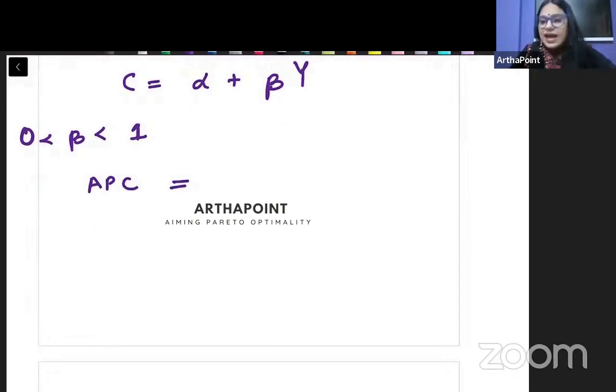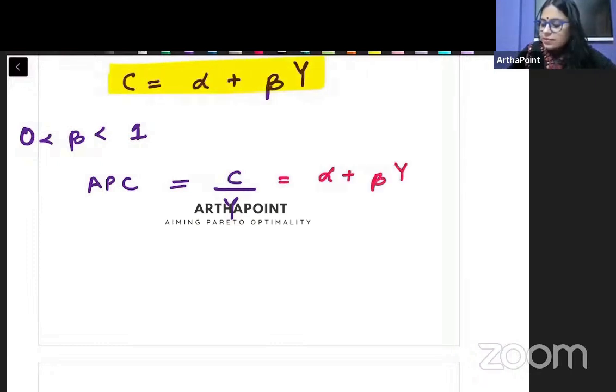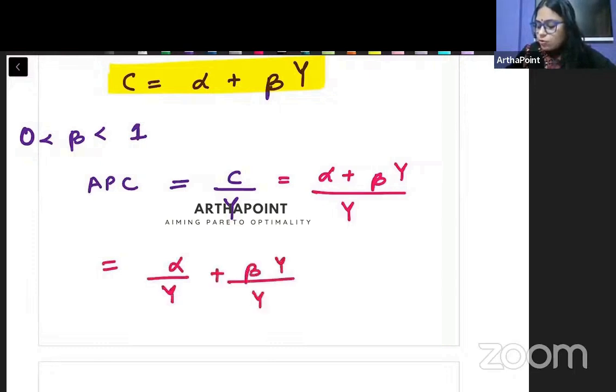What is APC? APC can be said as consumption divided by output. What is consumption? Beta, consumption is alpha plus beta y divided by output. क्या हो जाएगा? Alpha by output plus beta y by output.